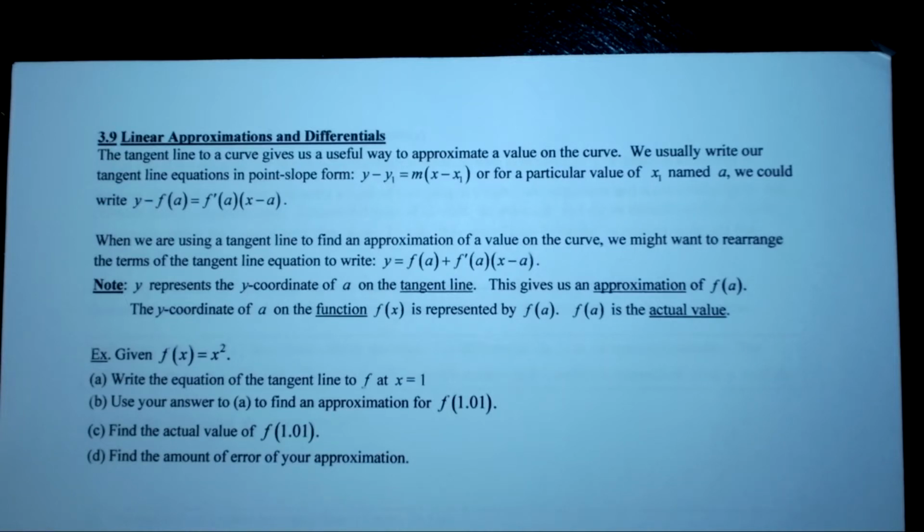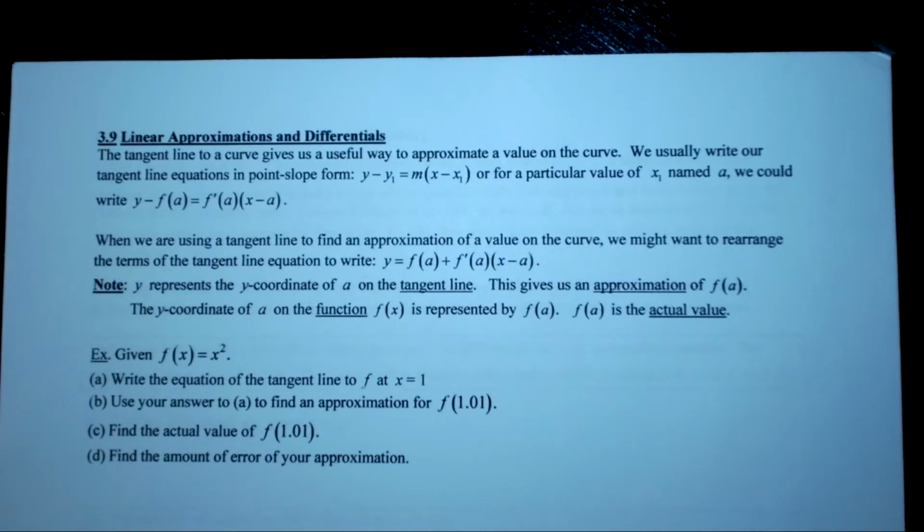Note, y represents the y-coordinate of a on the tangent line. This gives us an approximation of f of a. The y-coordinate of a on the function f of x is represented by f of a. F of a is the actual value.